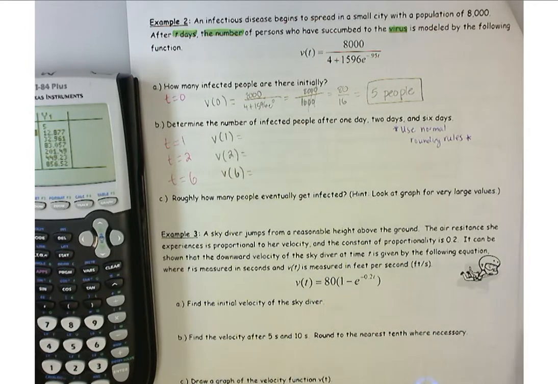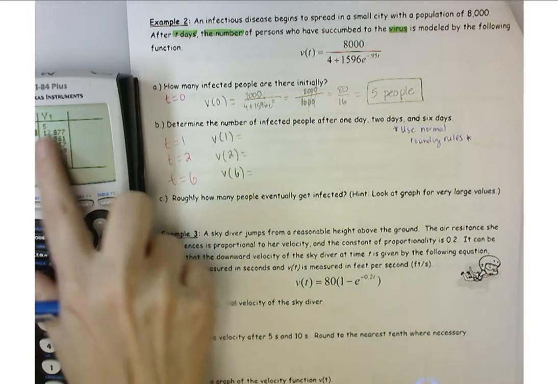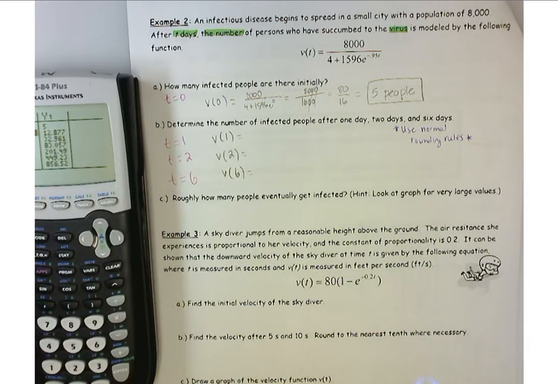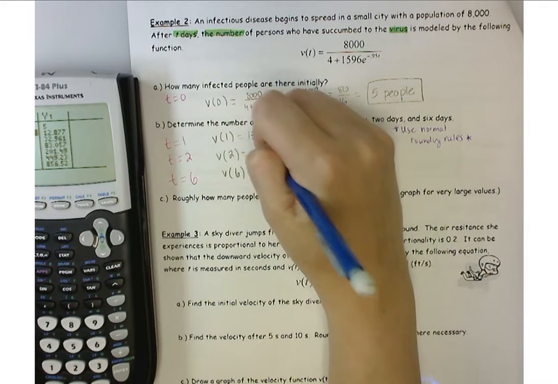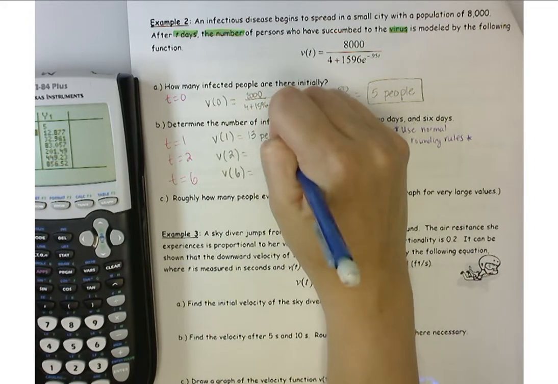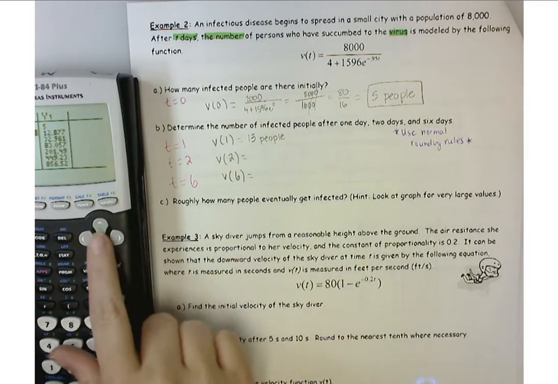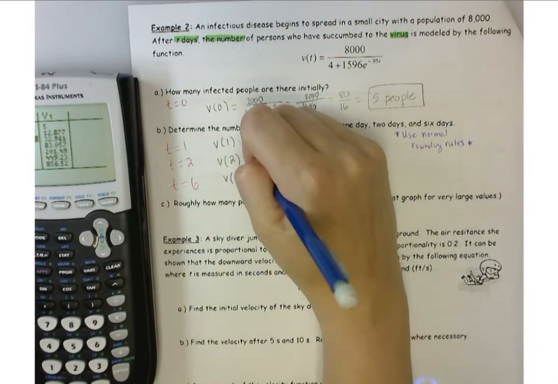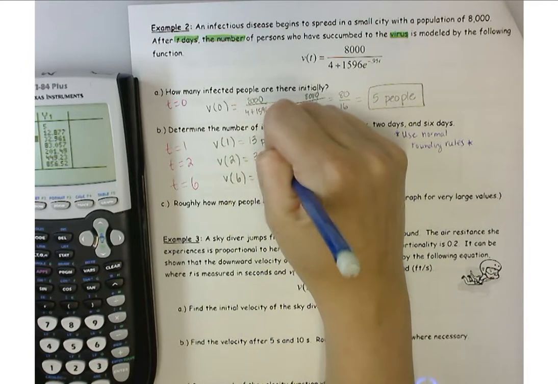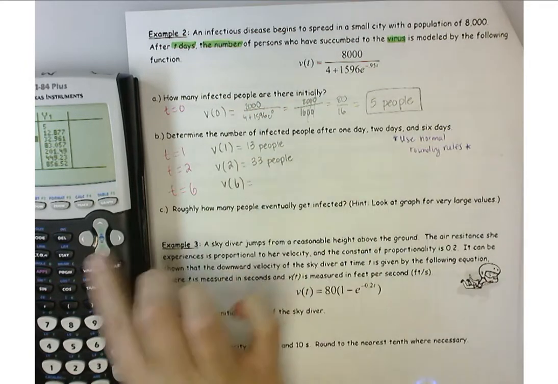Okay, so when I look at V of 1, I have 12.877, which is going to be approximately how many people? 13. Okay, then I'm going to go to 2, which is 32.96, so that would be approximately 33 people.